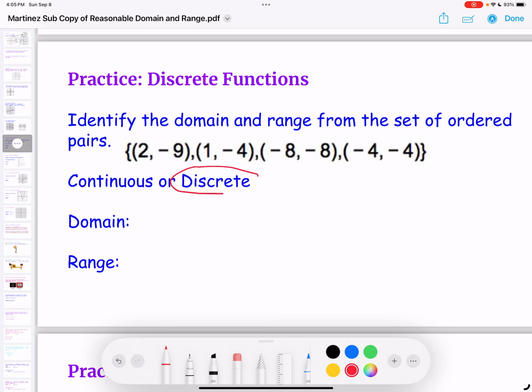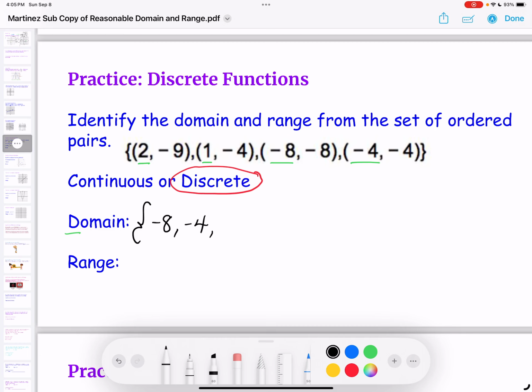Looking at the domain, I see a 2, a 1, a -8, and a -4. So my smallest number is -8, and then -4, and then 1, and then 2.